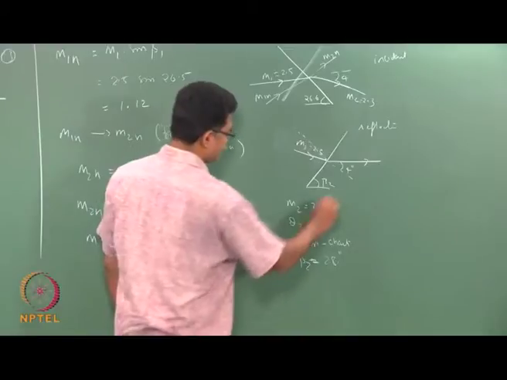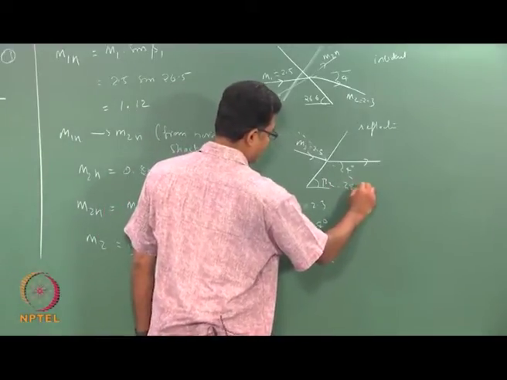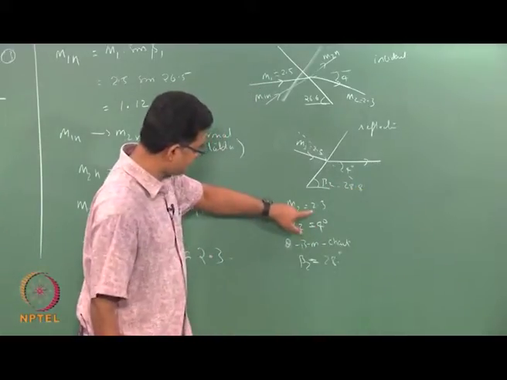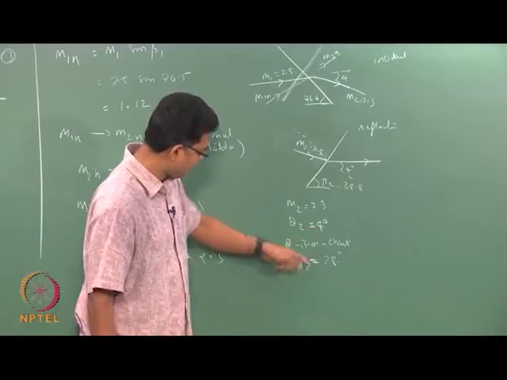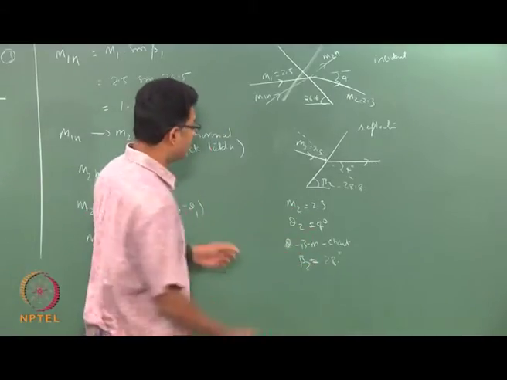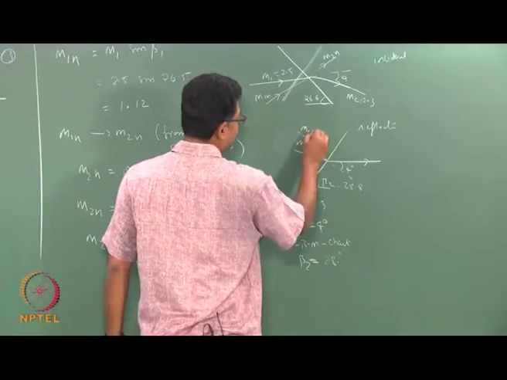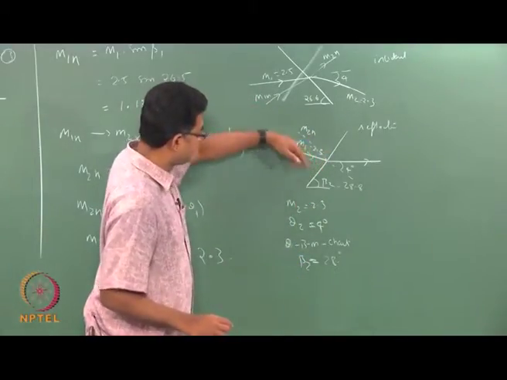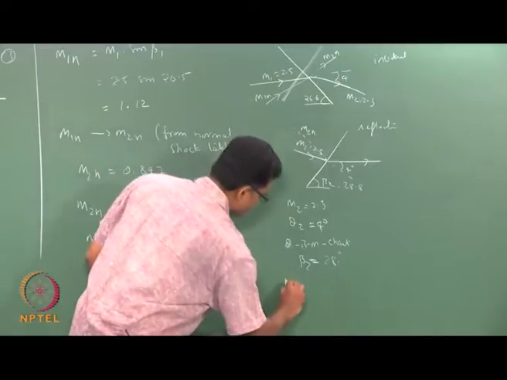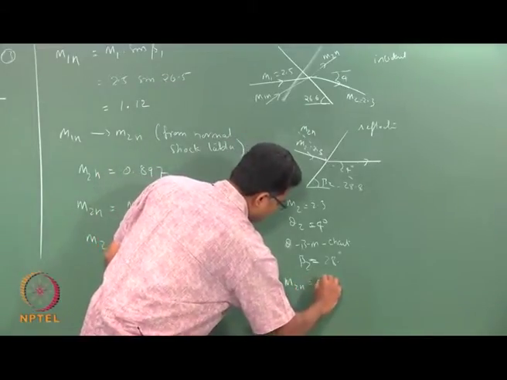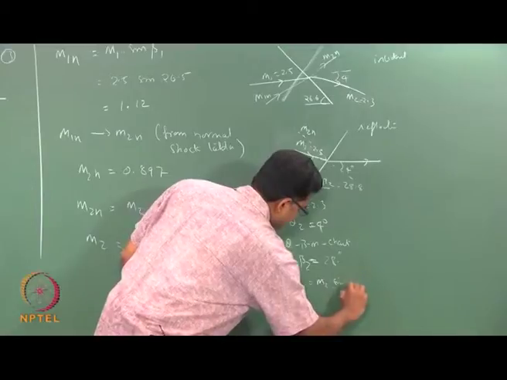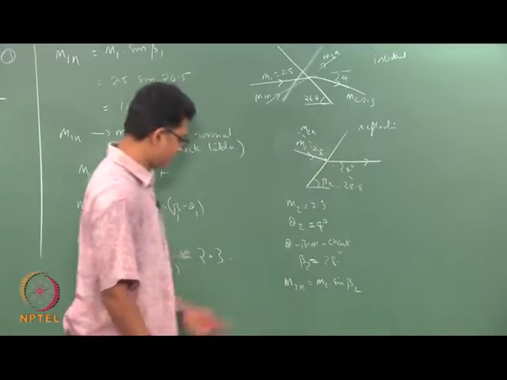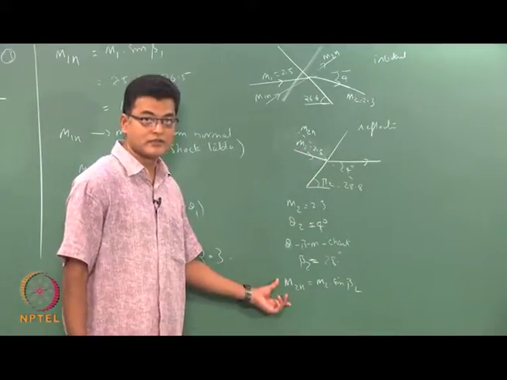Okay, so this angle is 28 degrees. I look for this M2 and this theta, and I get a beta value of 28 degrees. So my M2n that is going to hit the second shock would be M2 sin beta 2.